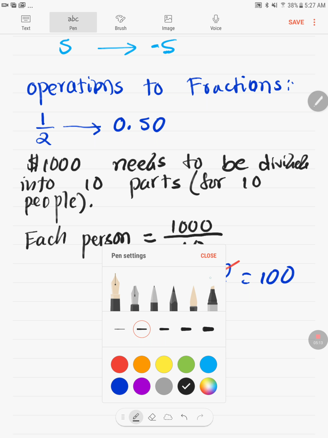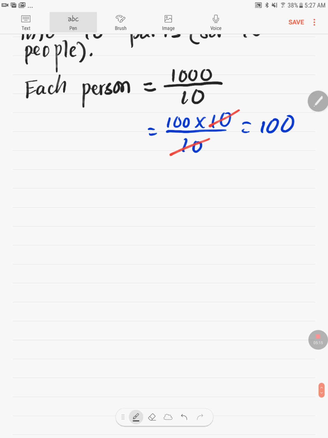Now the first step in learning fractions is to learn how to represent whole numbers as fractions. So if we have the number 3, what will this number be? We could think about this 3 as one person has 3 apples.